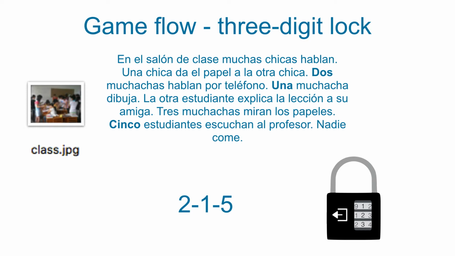So as they find the picture of the class and the URL on the back of it, or you might have put it somewhere else in the class, this URL will take them to the audio file describing the picture, and all of those sentences do describe the picture besides the three, the one that start with the bolded words, and those three sentences all have a number. These numbers are 215, and they will open a 3-digit lock.